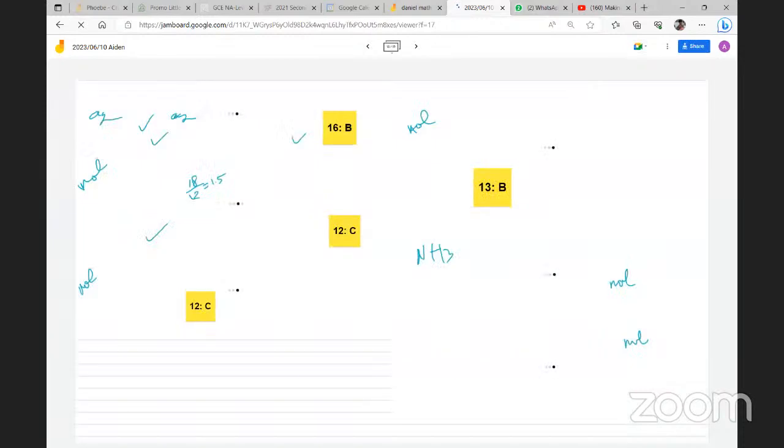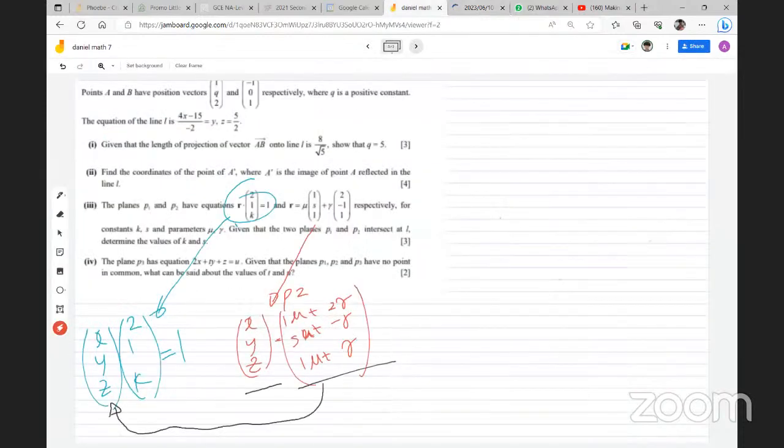XYZ is 21K. No, it's not 21K. XYZ dot 21K, right? That's dot product 21K, man. That's a dot product form, right? So what is XYZ? XYZ is the coordinate of all the points on the plane. The plane. I know that. What are the values? Yeah, the values are a lot of values.